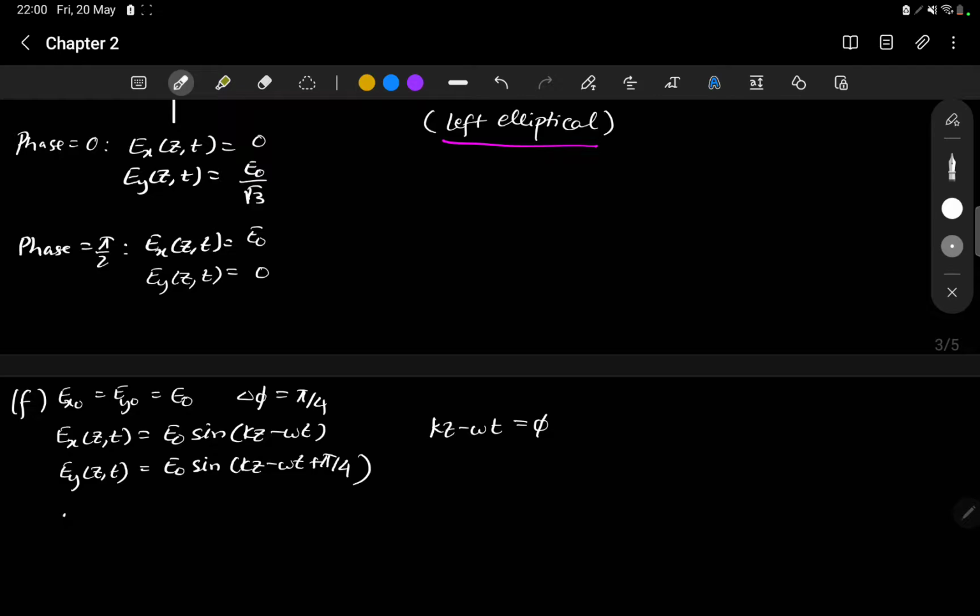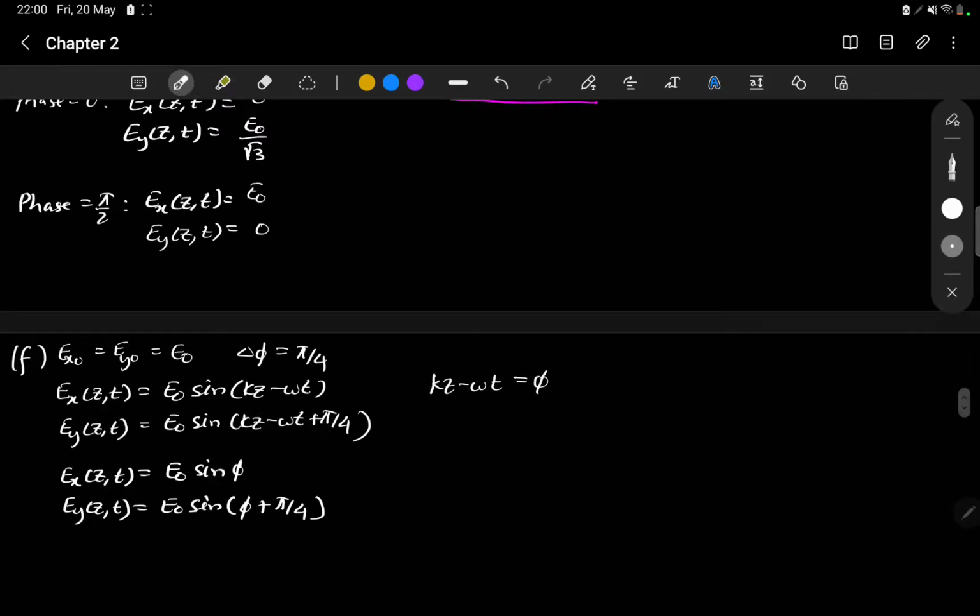We could write Ex and Ey, phi plus pi by 4.